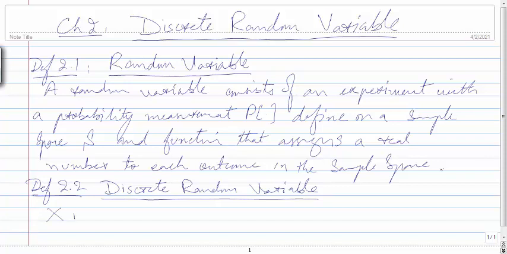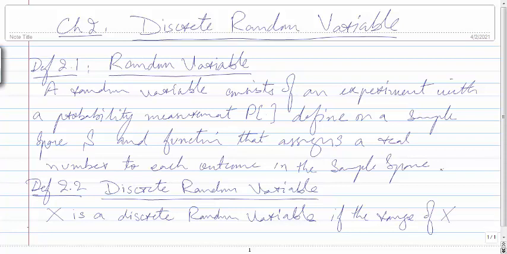If a random variable X, we normally represent a random variable with a capital letter, is a discrete random variable if the range of X is a countable set. So a discrete random variable is one where you have a countable set.